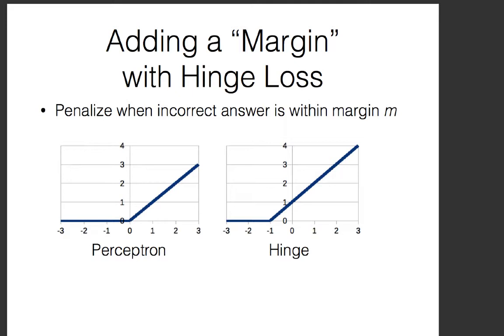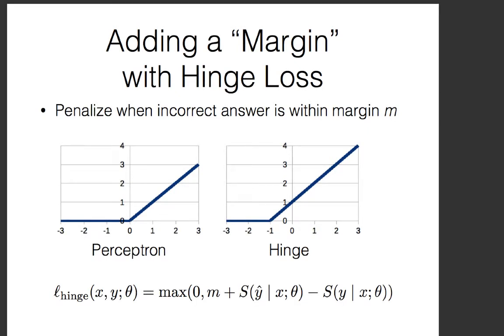The perceptron only has a loss when the score of the highest scoring hypothesis is higher than the score of the correct hypothesis. While the hinge loss has a loss even if the score is not higher, but it's within a margin of, say, 1 here.